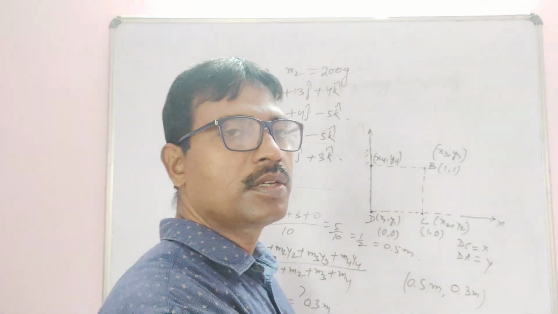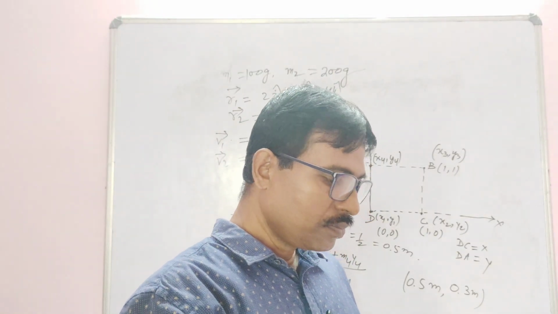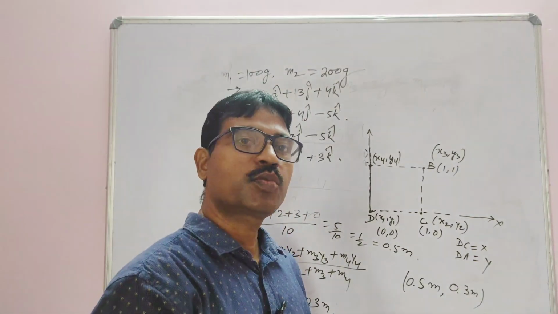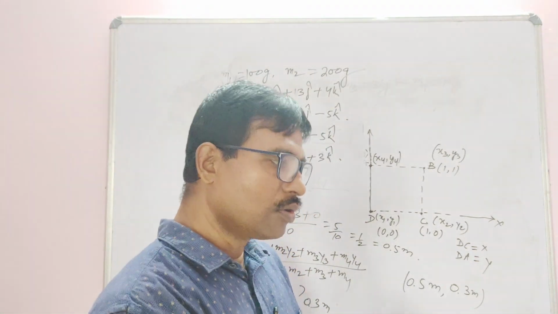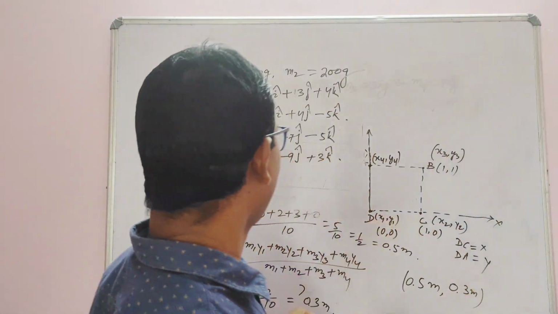You have to calculate the center of mass of two particles, that means the velocity of the center of mass and the instantaneous position. So what you will do, for that I am telling you.